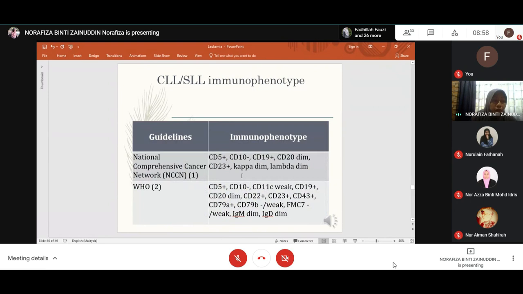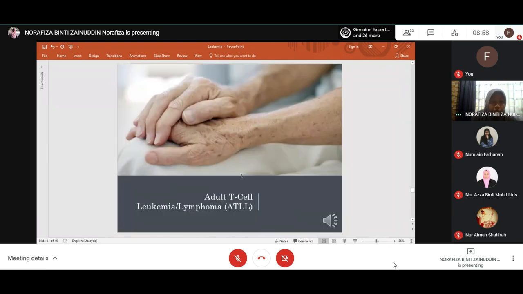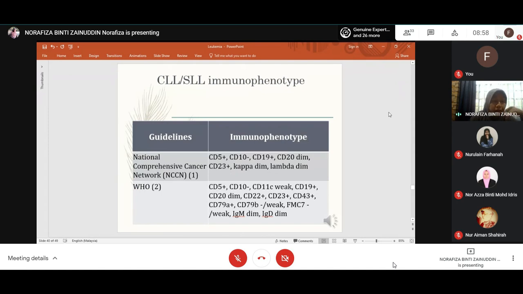Okay, for immunophenotype for both CLL and SLL, the immunophenotype is actually determined by flow cytometry.